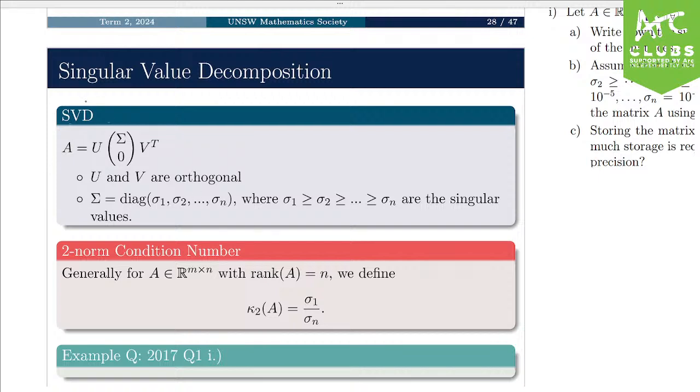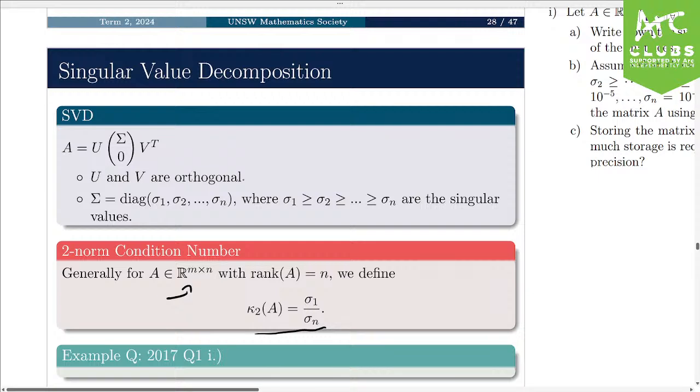So the singular values can be used to define the condition number for non-square matrices, and this is how it's defined.